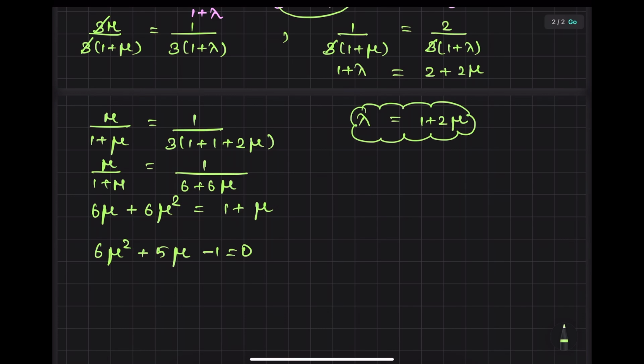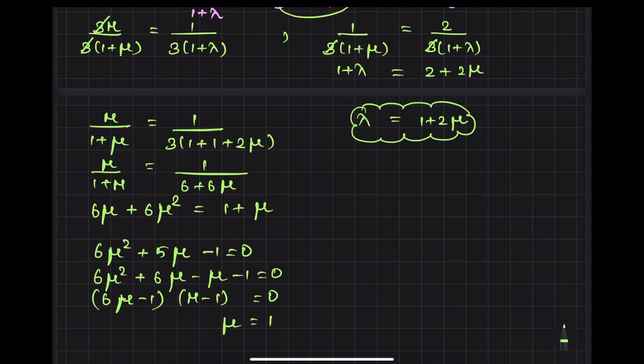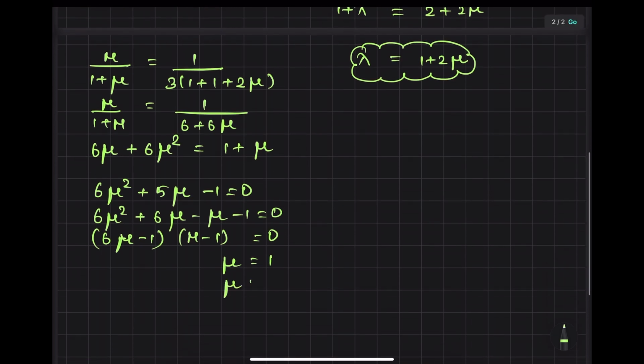So can I go with 6 mu square plus 6 mu minus 1 equals 0? Take 6 mu and minus 1 common. We are left with mu minus 1. So the value of mu is 1, and the value of mu is 1 by 6. Okay, is that okay? So we got this as the value.